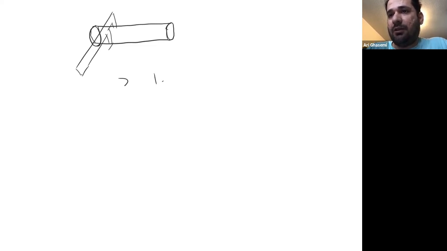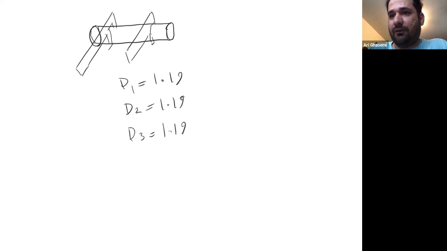If I draw a straight line, and then you take your caliper and put it here, you report what you read: D1 is 1.19. D2, you put it here, and this is again 1.19. D3, 1.19. D4, 1.20.